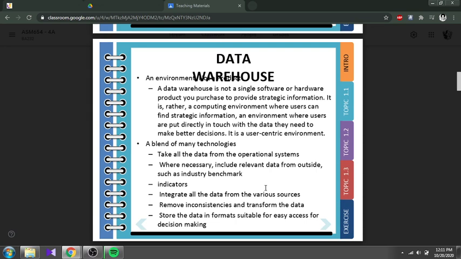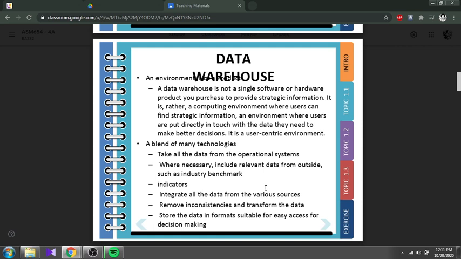It is a blend of many technologies that takes all the data from the operational systems and, when necessary, includes relevant data from outside, such as industry benchmarks. Maybe we have a certain level of acceptance, so we have indicators to show the current situation at the time.